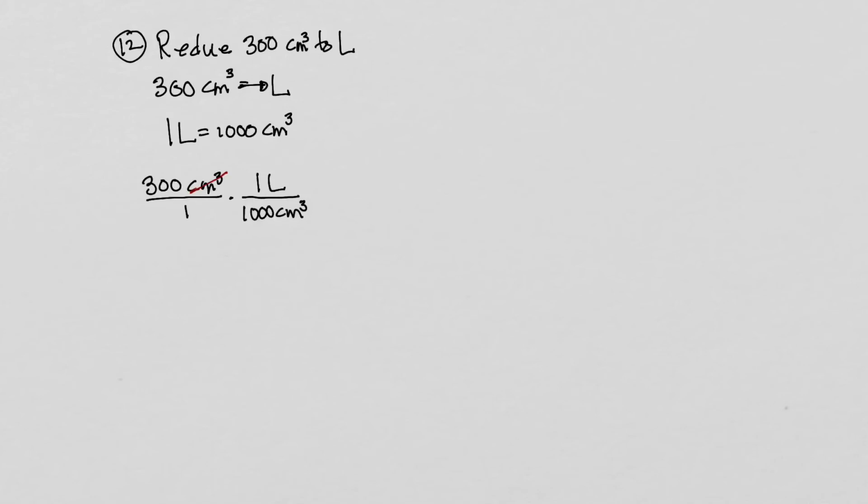Then the cubic centimeters are going to cancel, and we're going to have 300 times 1 liter over 1 times 1,000. And when I make this division, 300 divided by 1,000, that comes out to be 0.3 liters.